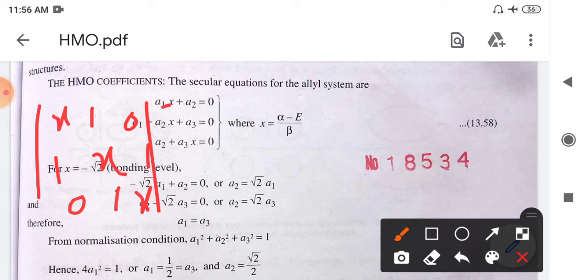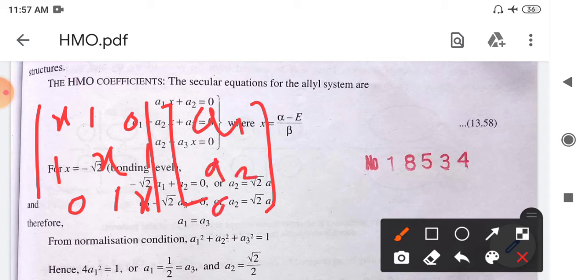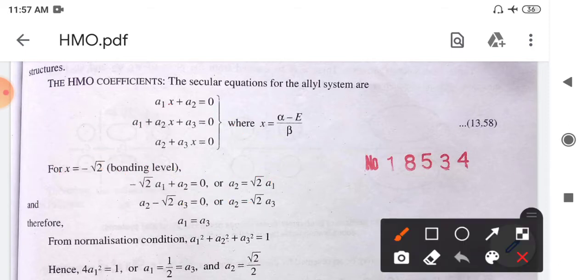Now, in order to find the coefficients, we simply need to perform this matrix multiplication with a1 a2 a3, which equals 0. How will you perform this matrix multiplication? The first equation is a1 x plus a2 equals 0. The second equation is a1 plus a2 x plus a3 equals 0, and the last equation is a2 plus a3 x equals 0.